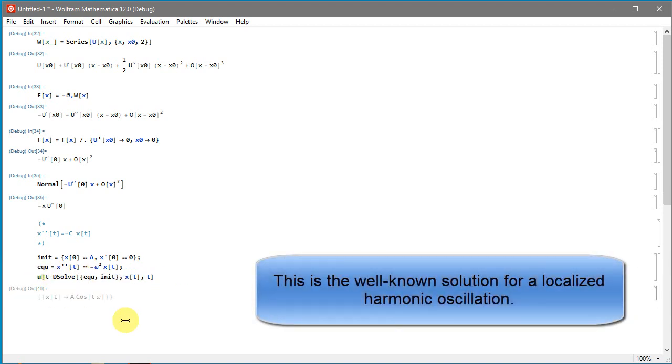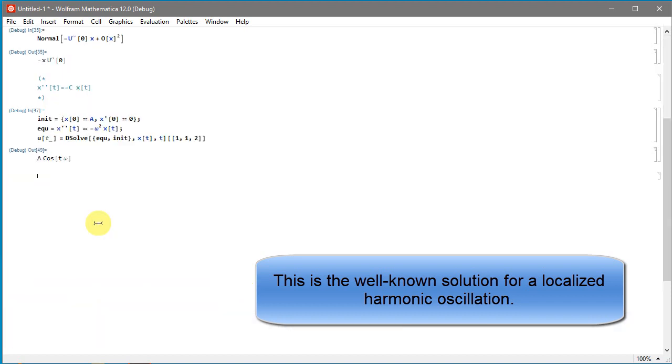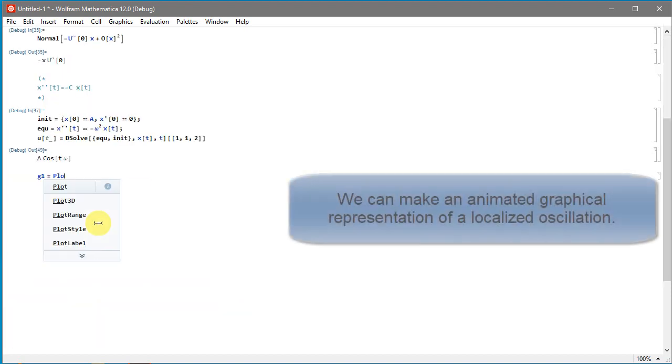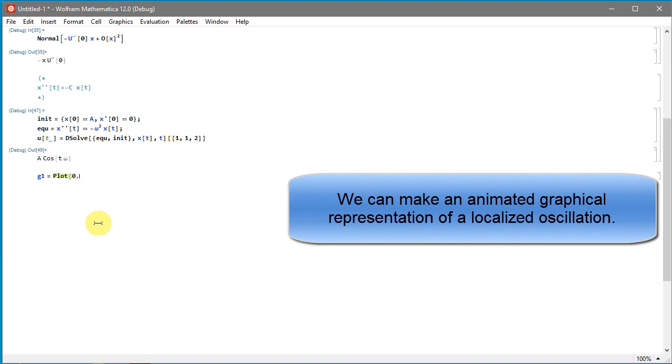This is a well-known solution for a localized harmonic oscillation. We can make an animated graphical representation of a localized oscillation.